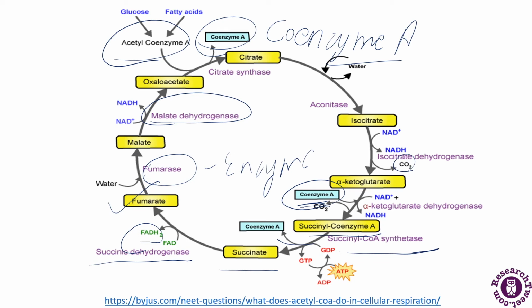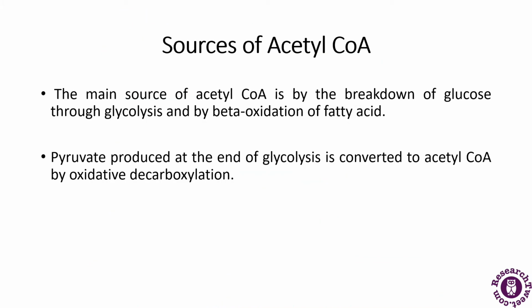It's basically to show that acetyl coenzyme A plays a major role in cellular respiration in the Krebs cycle. We will be discussing the functions of acetyl coenzyme A as well. But before that, we will first discuss the sources of acetyl coenzyme A. The main source is the breakdown of glucose through glycolysis and beta oxidation of fatty acids.